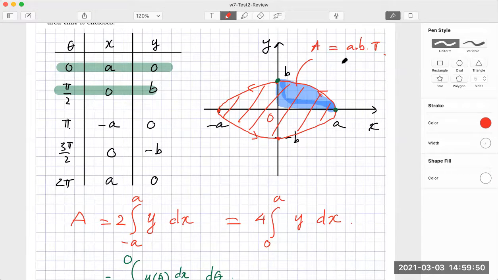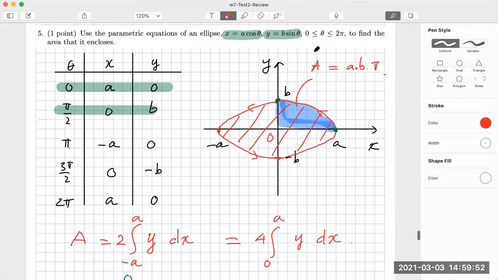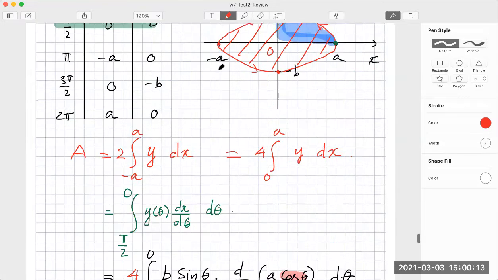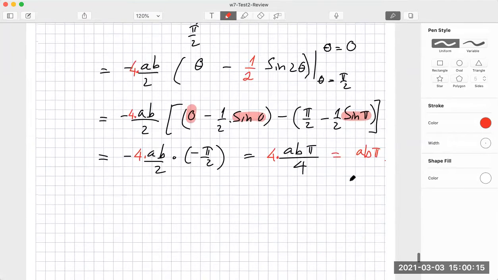The special case when A is equal to B is equal to R, it will become a circle. It makes sense. The area of a circle will be pi r squared. Therefore, we're so confident with this formula. And this is, here we go.